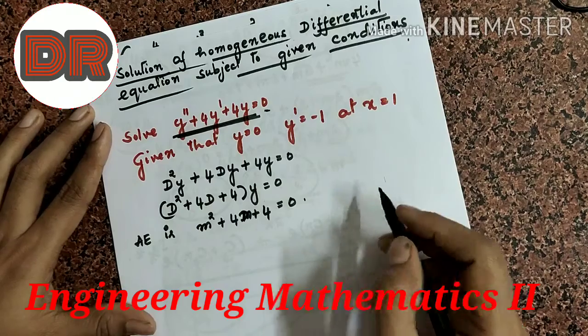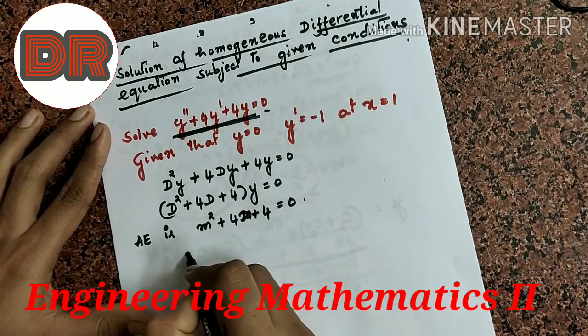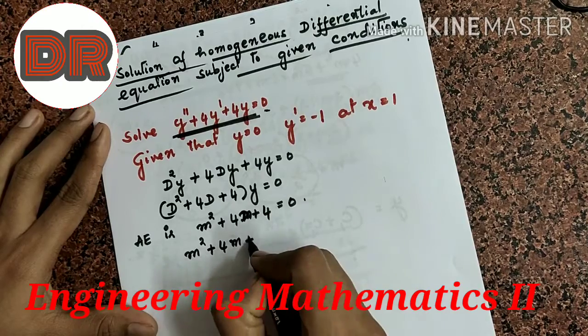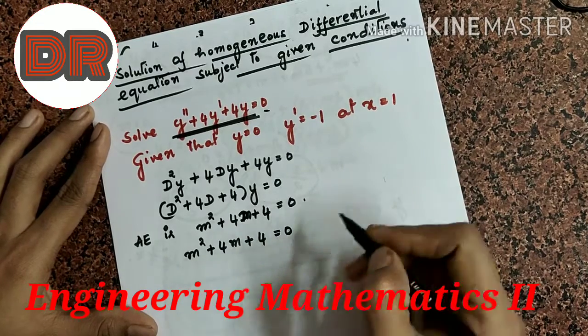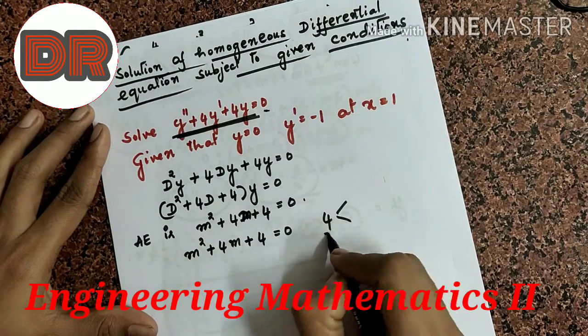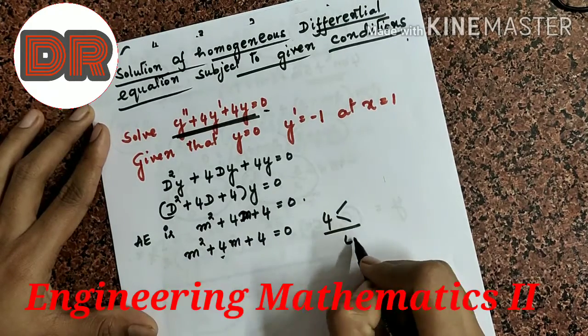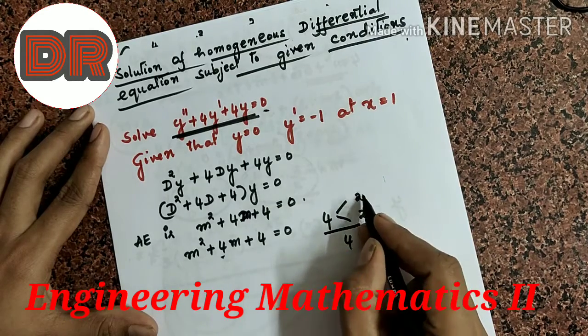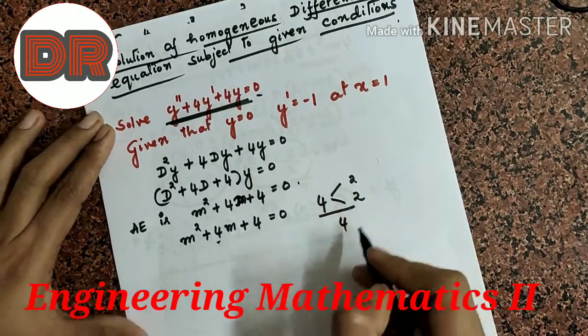Let us find the roots of this. It can be solved with the direct factorization method. So we have 4 as a product and 4 as a sum. 2 into 2 gives us 4 as product, and 2 plus 2 gives me 4.